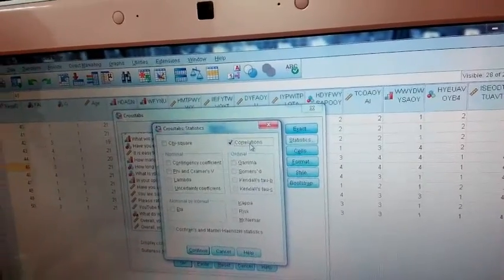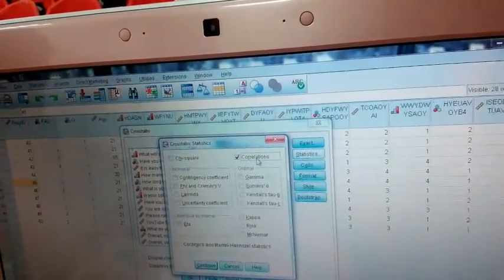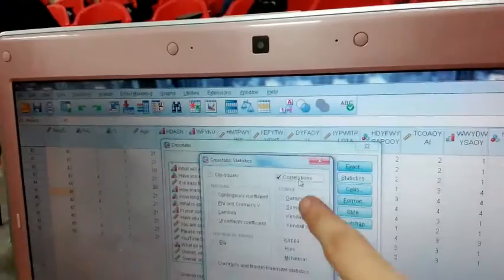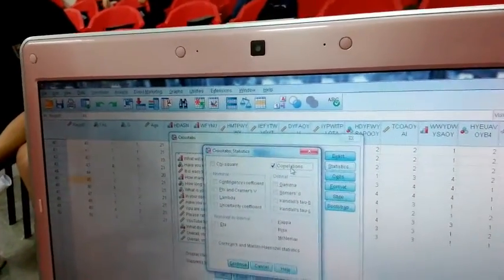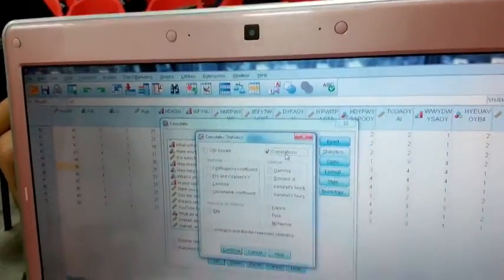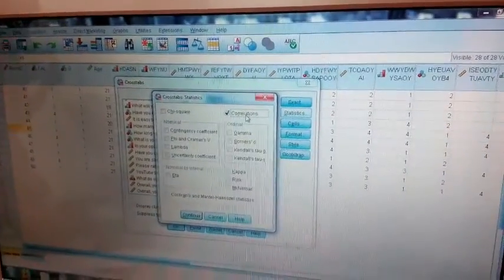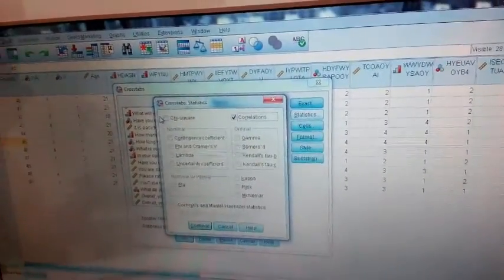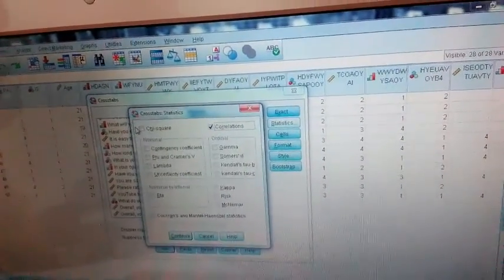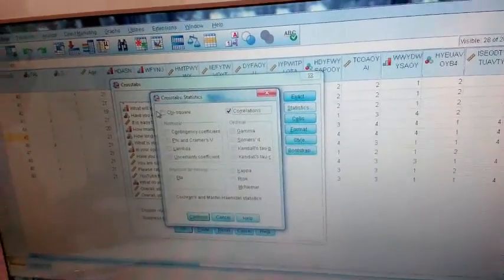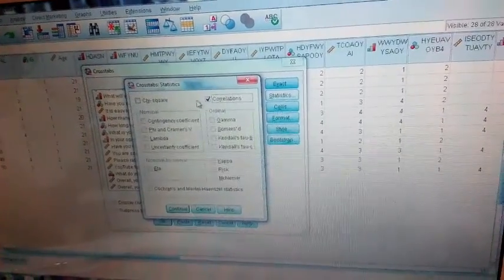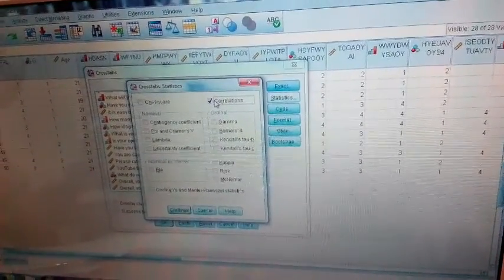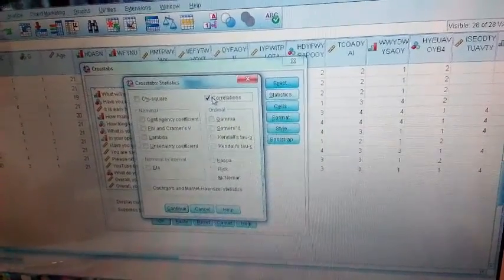If the scale is the same, we use this one. The other one you use for nominal or categorical scale. This one is interval scale.